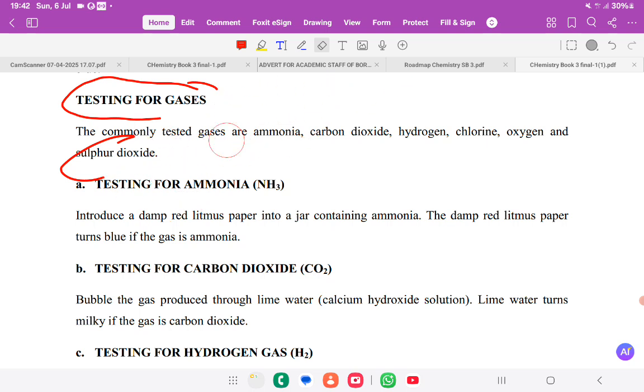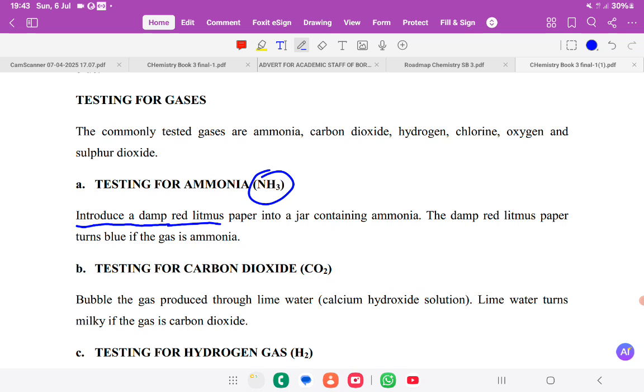Starting off with ammonia. How can you tell that the gas produced in a chemical reaction is ammonia? Take note, ammonia is NH3. In order to test for ammonia, all you have to do is introduce a damp litmus paper into a jar which contains the gas.